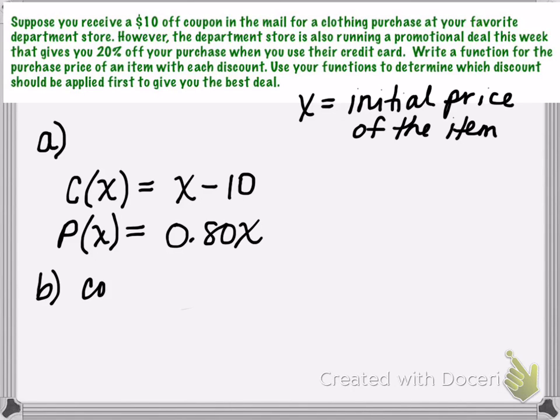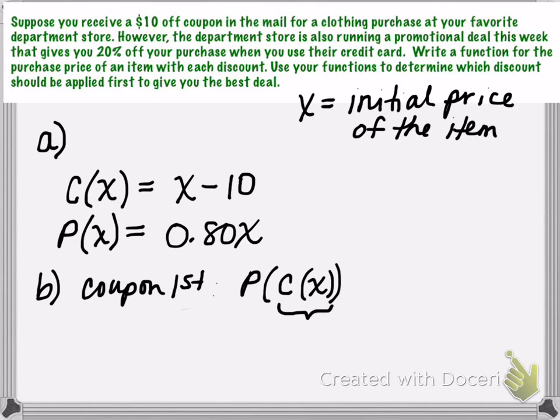What would it look like if we did the $10 off coupon first? In terms of a composition, if we wanted to apply the coupon first, the composition would look like this, P of C of X. And remember, with compositions, we're always looking at the inside function. That tells us what we're doing first. Since C is on the inside, I'm going to apply the coupon first and then take the result and apply the percentage. So let's actually do the algebra here.